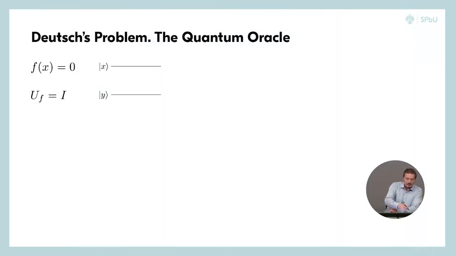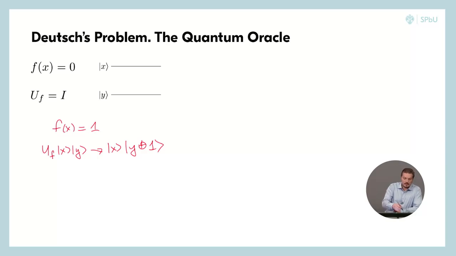Okay, we'll continue with constants. Let f of x be 1. UF acts like this in this case.